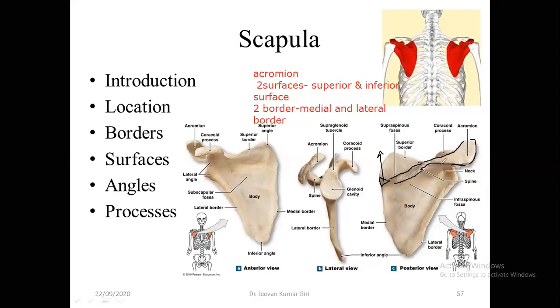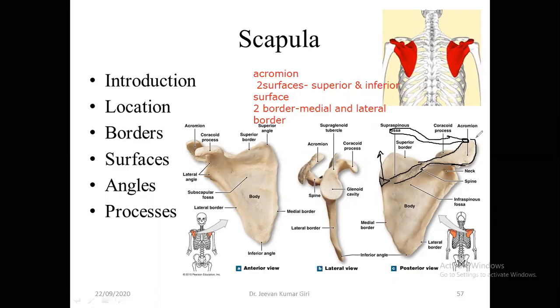Just remember, okay? And at the junction of the medial and lateral border, you will find the articular facet for the clavicle. That facet forms the acromioclavicular joint. So the clavicle will attach here, like this will be the clavicle, articulating here to form the acromioclavicular joint.